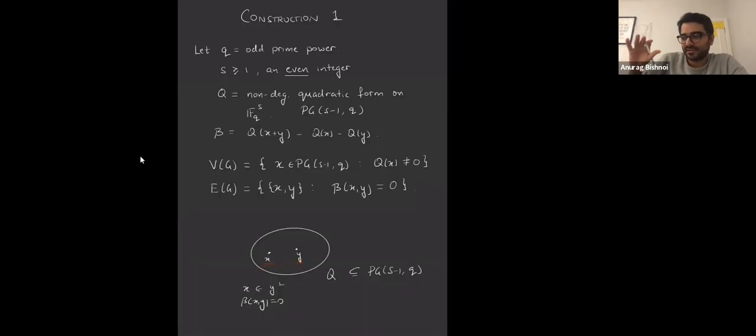Now I want to define the same adjacencies, but for points outside the quadric in the projective space. And that's it. That's our graph. That's our first construction. And let's see why it has the properties that we want.